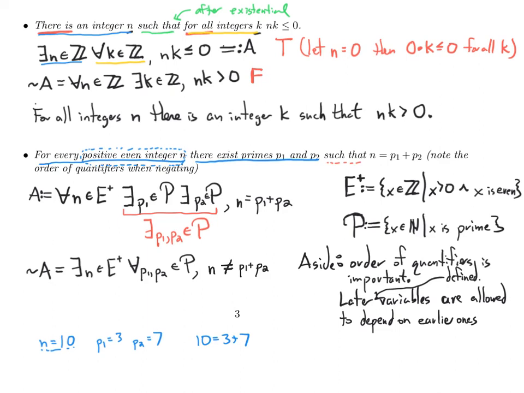And let's write this in words. So there is an even integer such that, and I'm going to write this a little bit differently so it's not in order, but it means the same thing. So I'm saying there's an even integer that can't be written as the sum of two primes.